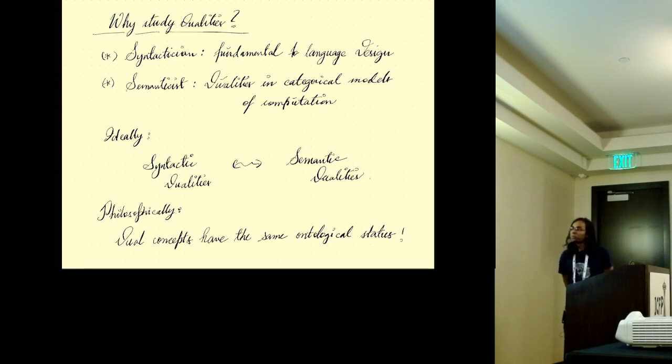And if you don't think about programming languages, but also just think about duality in a philosophical sense, then if two things are dual, it means they are equally important, right? And if values and continuations are dual, then they should be equally important. And that's kind of the philosophy behind this language that I'm going to tell you about.